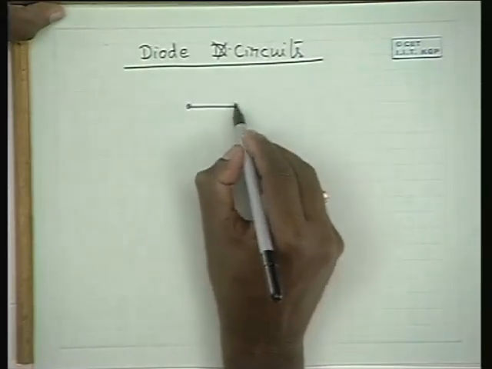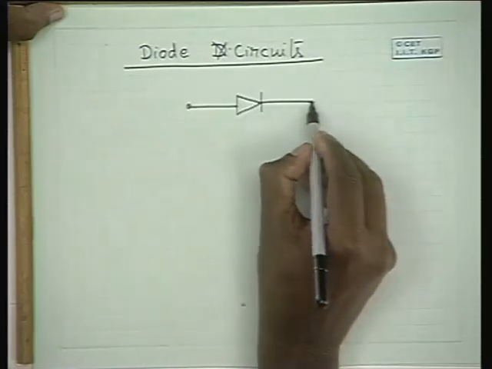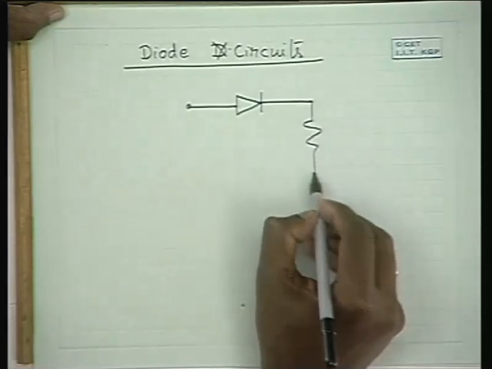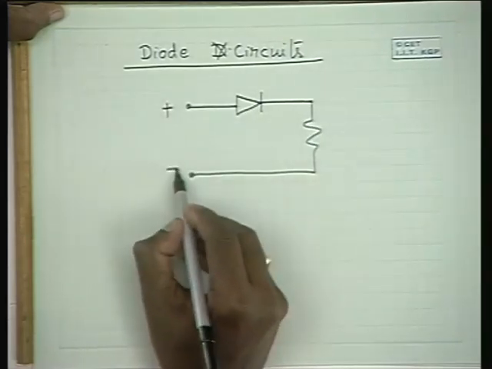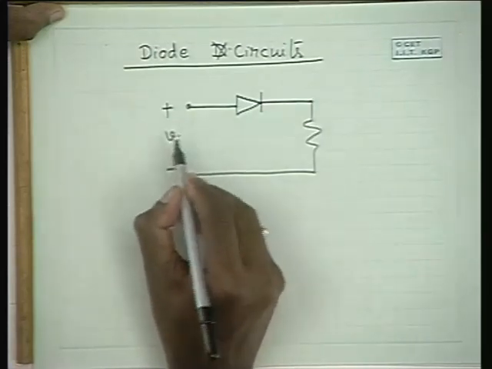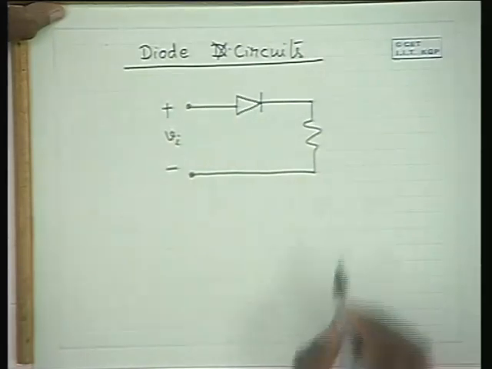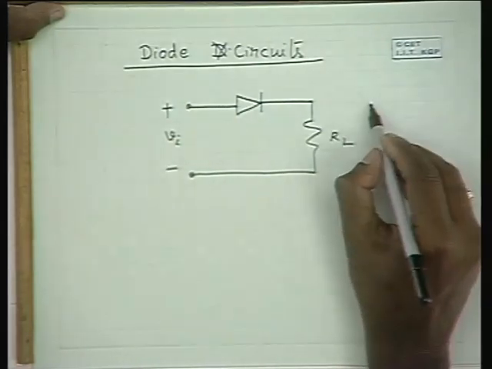Let us use a diode here and a load resistance, and let us apply some excitation or some voltage here, and this is the load resistance RL. It's a very simple circuit.